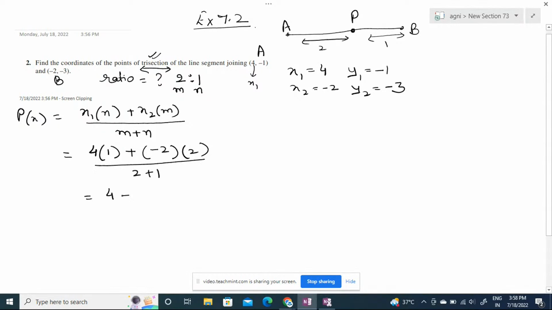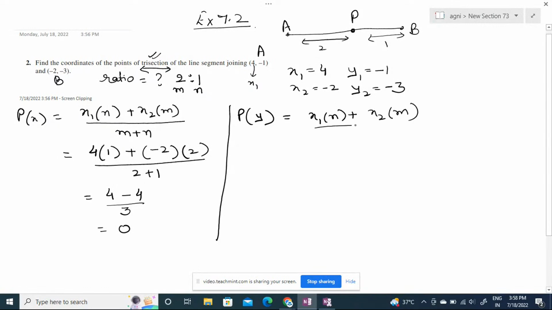So we get 4 minus 4 over 3, which is equal to 0. Now next one, we have to find the coordinate for the y, that is y1 n plus y2 m over m plus n.